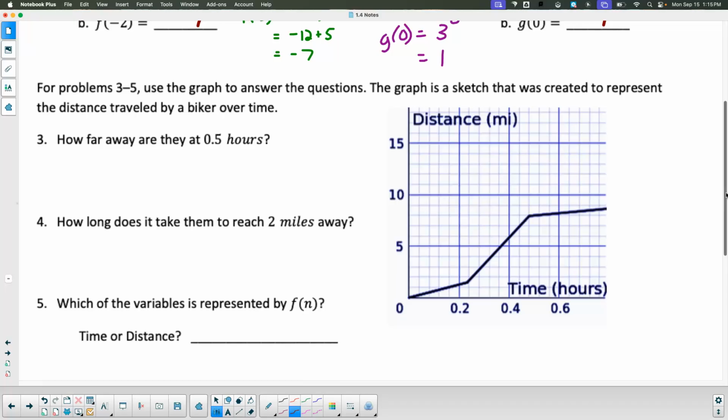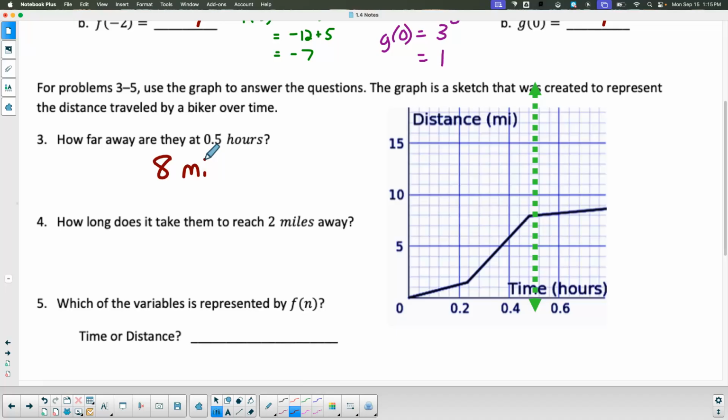So how far away are we at 0.5 hours? So 0.5 hours would be right there, correct? Yeah, I would say that. So I would say that we are 6, 7, 8 miles away, approximately. Would we agree with that?